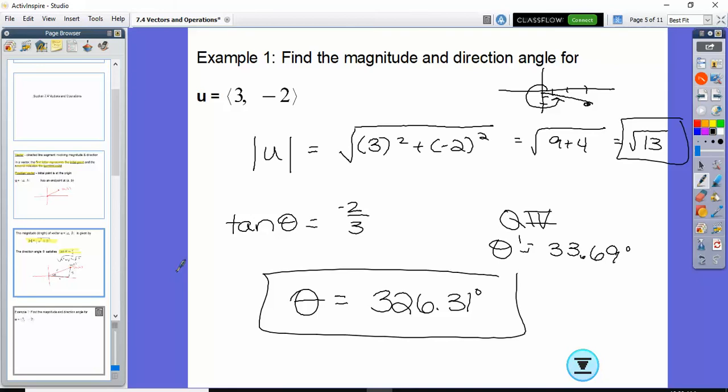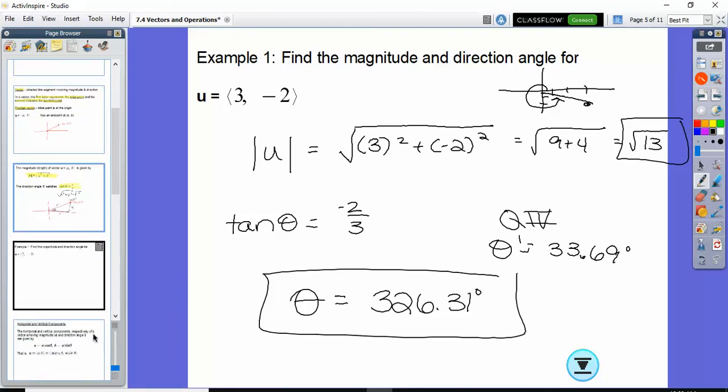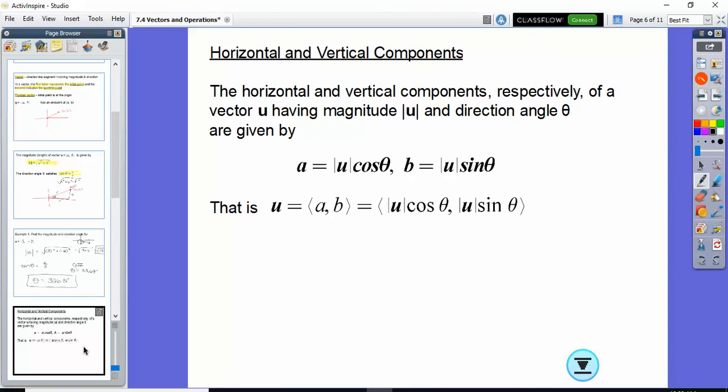The next thing I might ask you to do is we can talk about horizontal and vertical components. How far do you move horizontally or vertically in these vectors? They are given by this formula. This tells how your A and B are found.